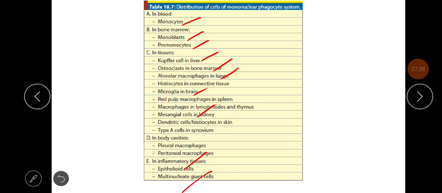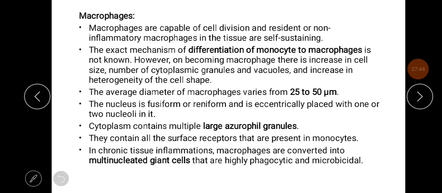So these are different varieties of the mononuclear cells when they get converted in the tissues. Macrophages are capable of cell division and resident or non-inflammatory macrophages in the tissue are self-sustaining. The exact mechanism of differentiation of monocyte to macrophage is not known.